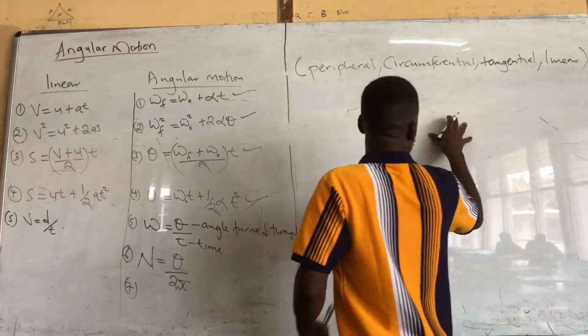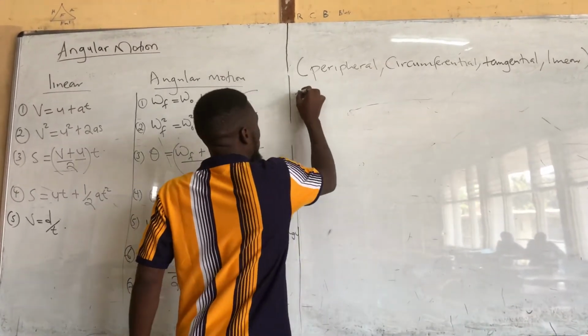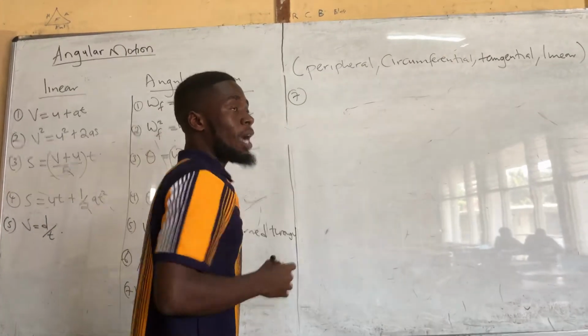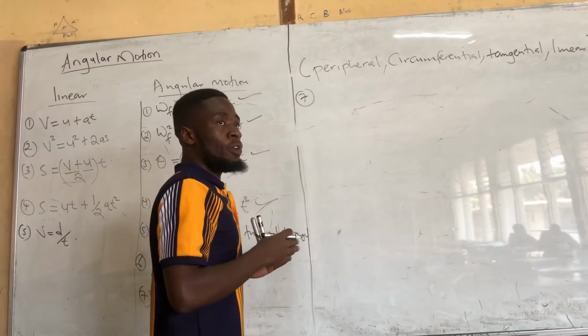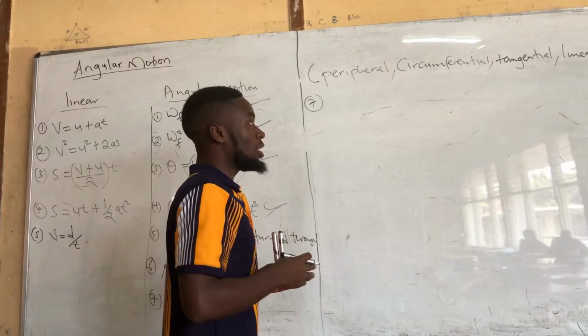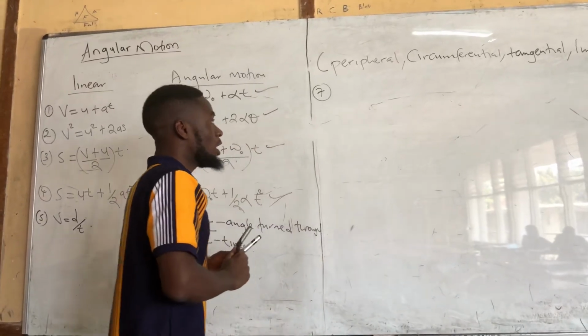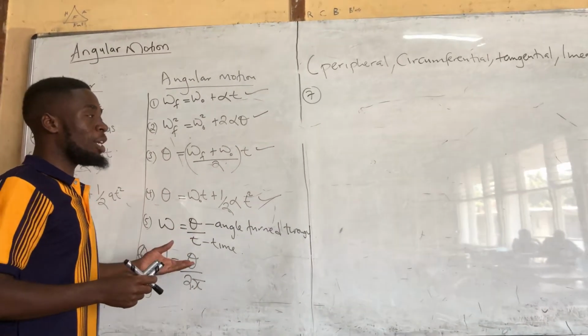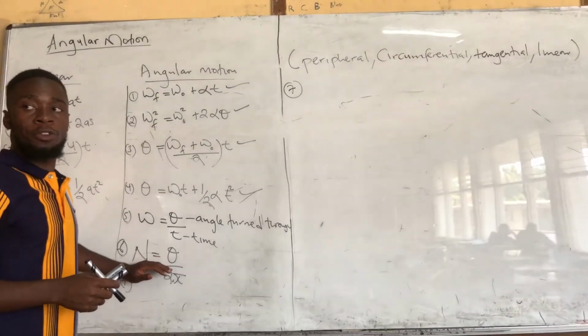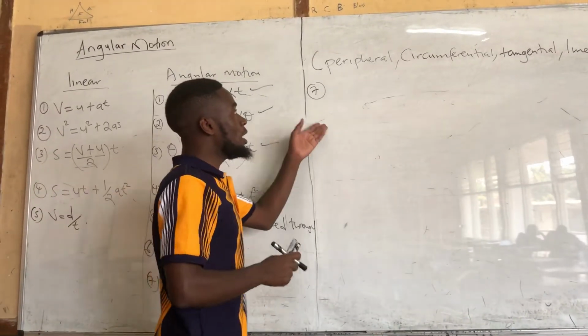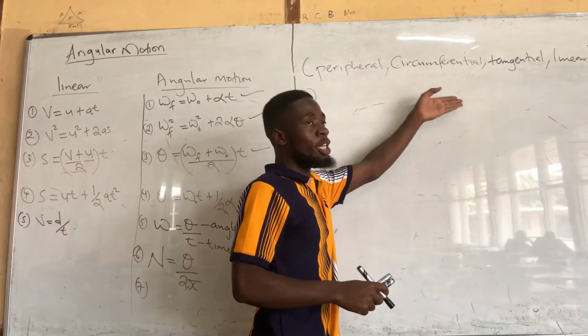They can use any of the words. For example, they may try to find the linear velocity or linear speed, but it should be connected to angular motion. So how do you find the linear, peripheral, circumferential, tangential speed?